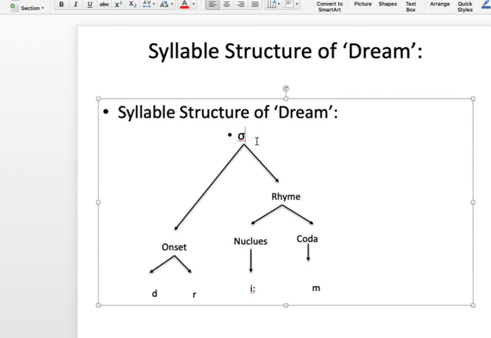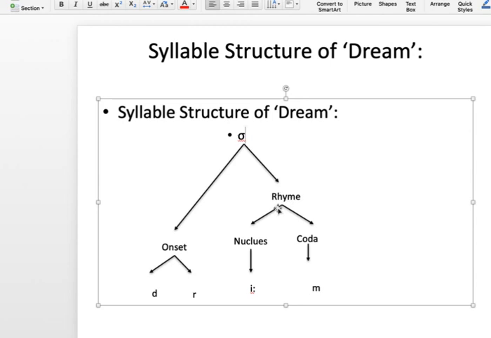Fine. So as usual, we will divide it into onset and rhyme. Onset may have one or more consonants before the vowel. So there are two consonant sounds, d and r, before the nucleus or before the vowel sound. So d and r, there are two.